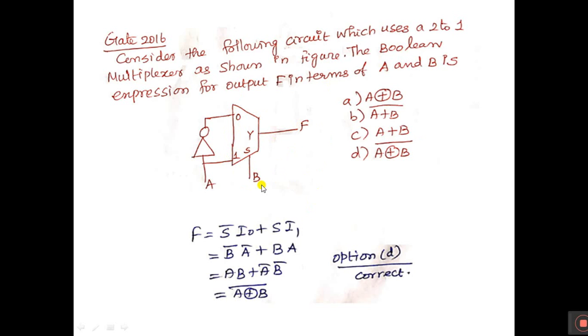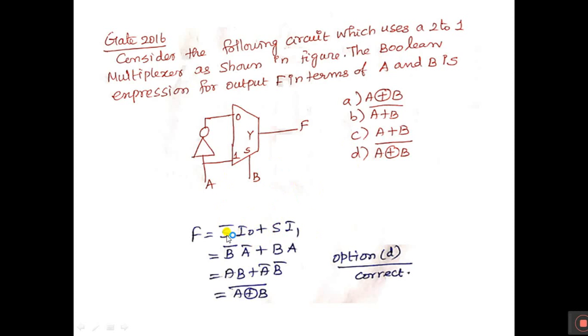B is the selection line. This input I take as S. So I can write the equation S bar I0 plus S I1. This is the general equation I wrote here. So instead of I0, I1 and S, I can replace A and B values.